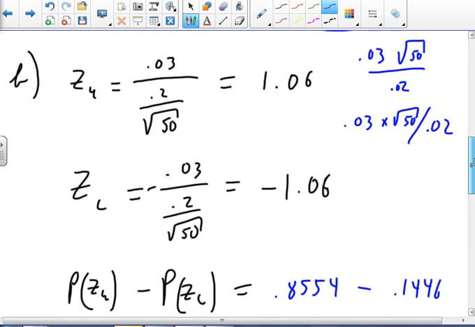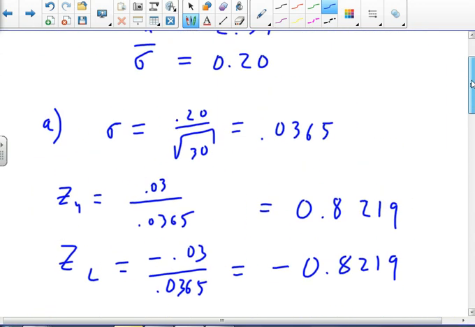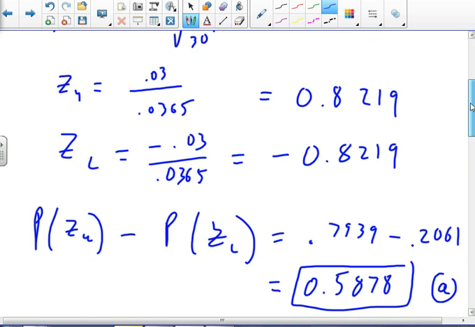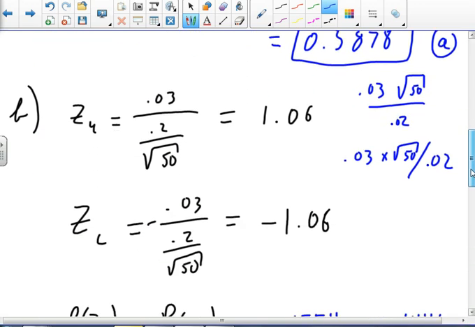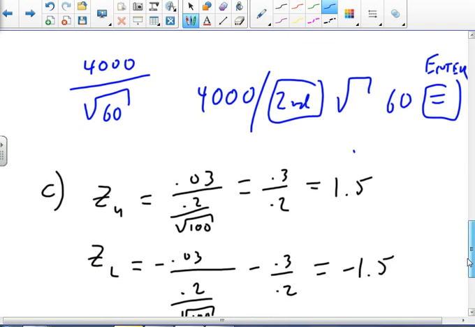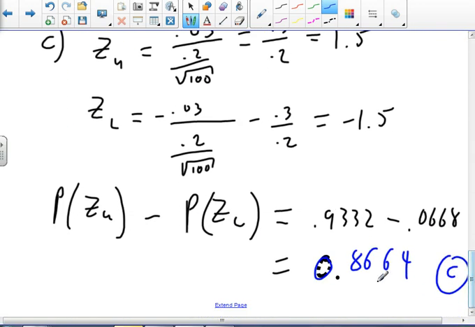It looks like none of them, because we're only at 50%, and then we're 70%, and then we're almost 80%. We're 86%, but nowhere do we get 95%. So I would say none of them. We need a bigger sample size than 100.